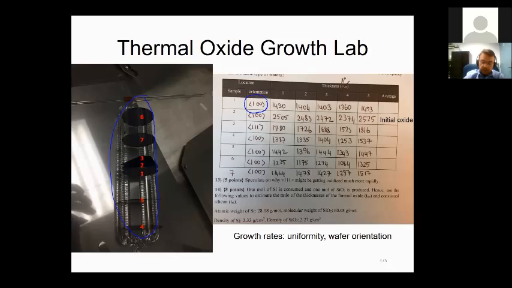You see 111 gave us a much thicker oxide, this is all in angstrom, so it's like 178 nanometers, as you can see. Comparatively, the 100 with fewer of those bonds available brought us like 0.14 micrometer. And when we have an initial oxide, there's going to be a difference, of course, at the end.